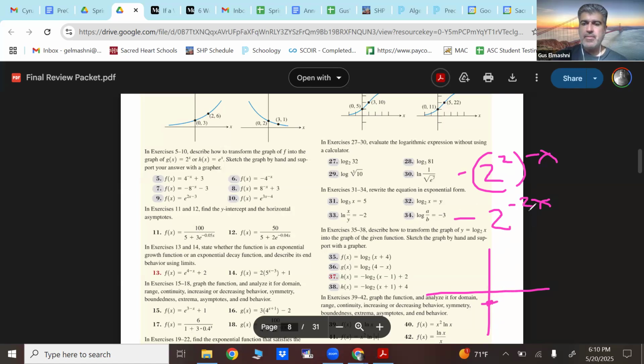Plug in 1, get -1/4. Plug in -1, get, okay, -4, I think. Yeah.